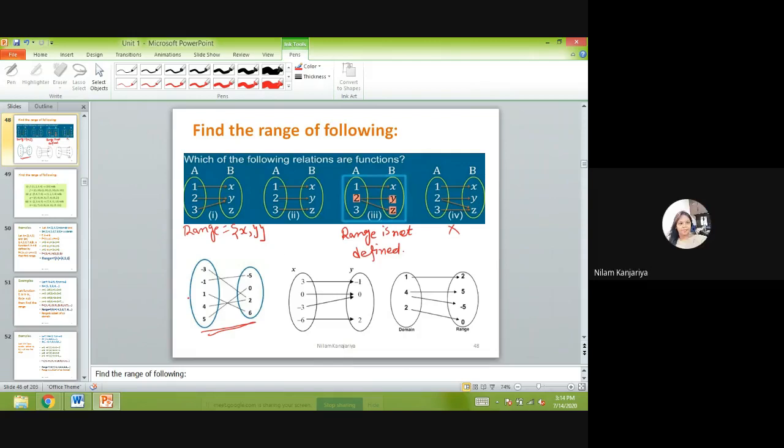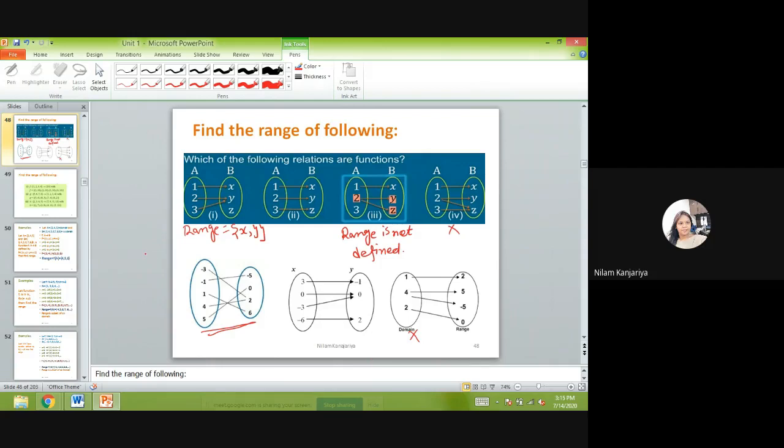Now next, the x and y set. That is a function, and the range is the elements of y. And the last one is not a function, so we can't find the range.